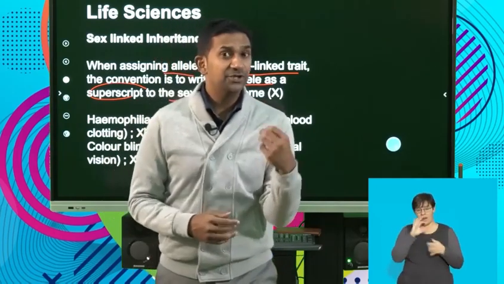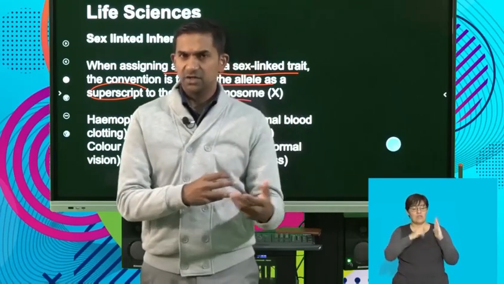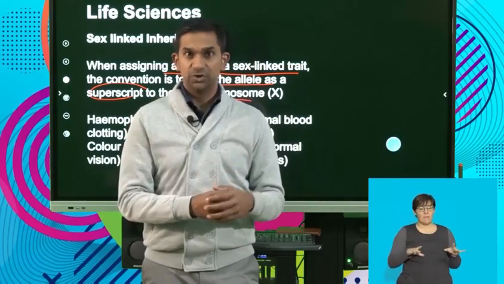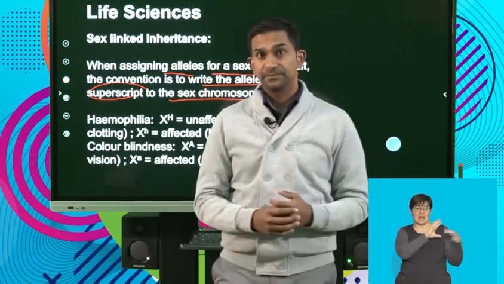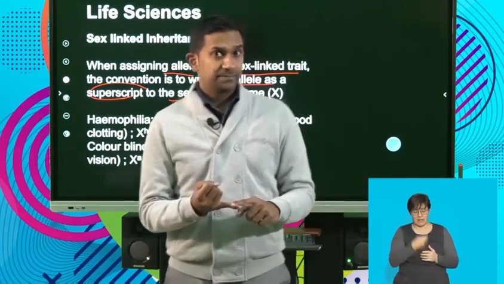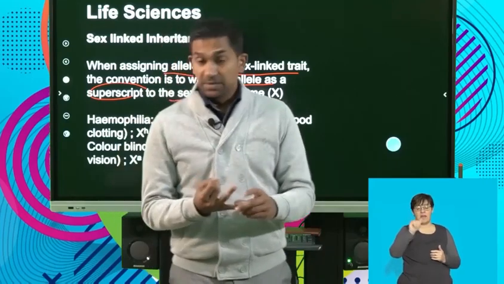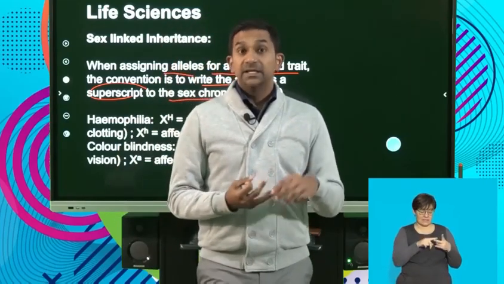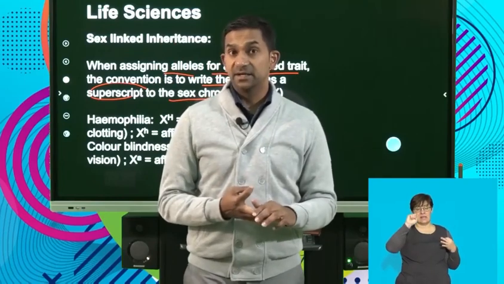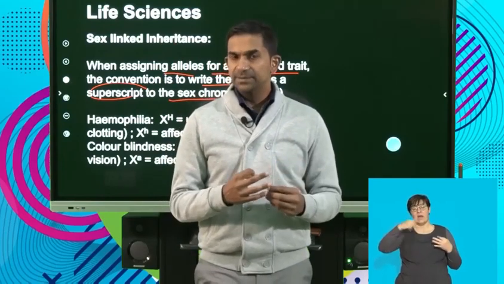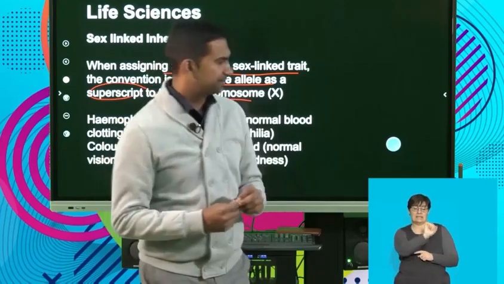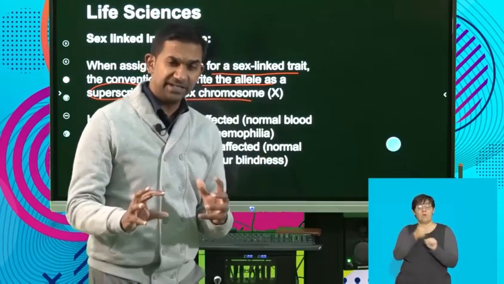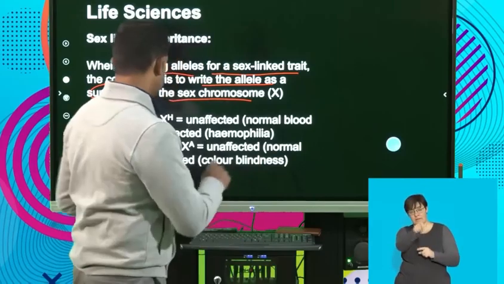It does help when you know these, because when you read this in the context of an exam or test, you know immediately that this is a pattern that needs to be sex-linked. So hemophilia is one example. Color blindness. Cystic fibrosis is another example. So these are three common examples of characteristics that are found on the X chromosome. And they follow a specific pattern, and we've got to recognize that in our next slide.